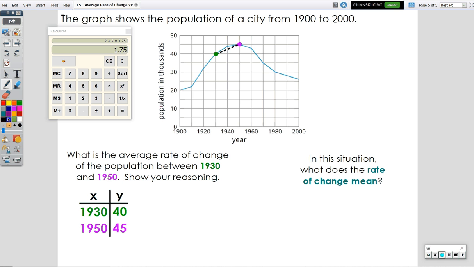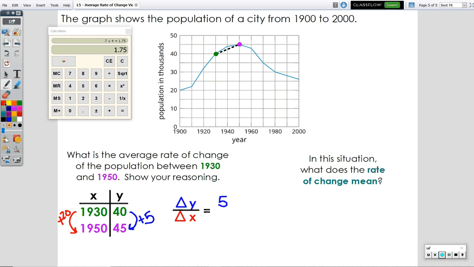So let's look at our change right here. From 40 to 45, we can say this is a change of 5, right? And then from 1930 to 1950, that's a change of 20. So when I do this problem, and I look at my change in y compared to my change in x, what I can see is my change in y was 5.